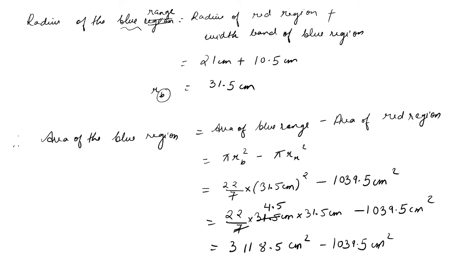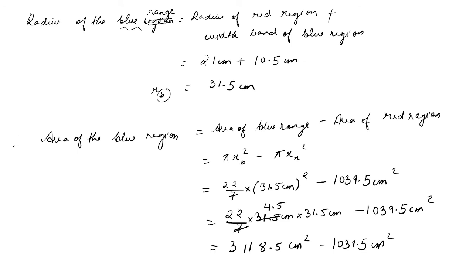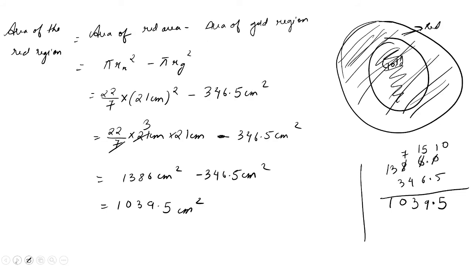So finally the answer for this is going to be, when you do the subtraction of the two values, let's see, of the red region, 1039.5.